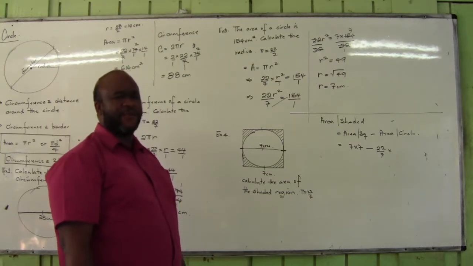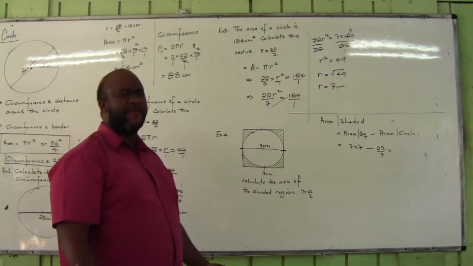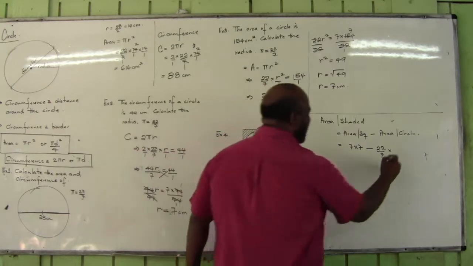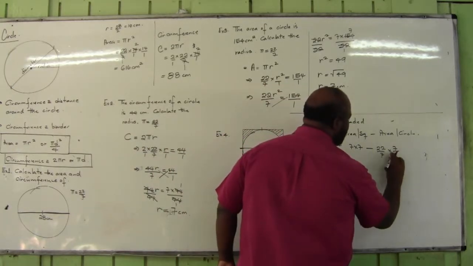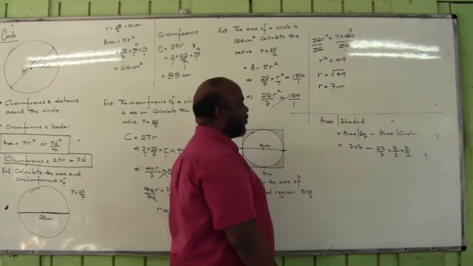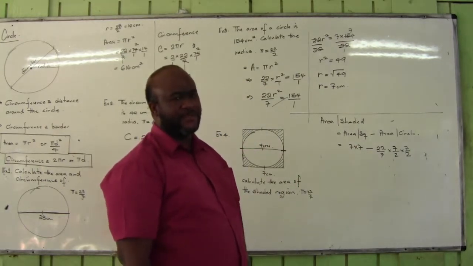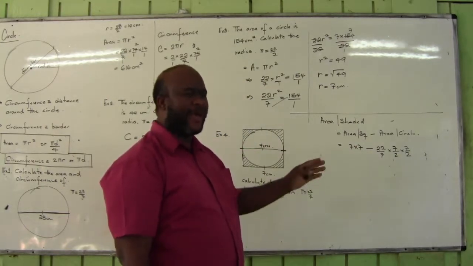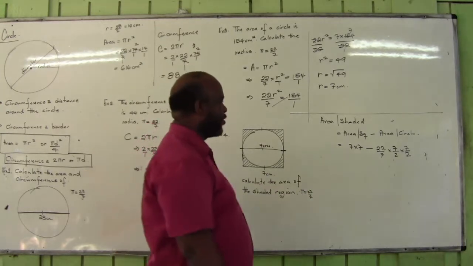Could I write it as 7 over 2? Yes, because 7 over 2 is the same as saying 7 divided by 2. So it is 7 over 2 times 7 over 2. Why am I multiplying 7 over 2 times 7 over 2? It's pi times radius squared.